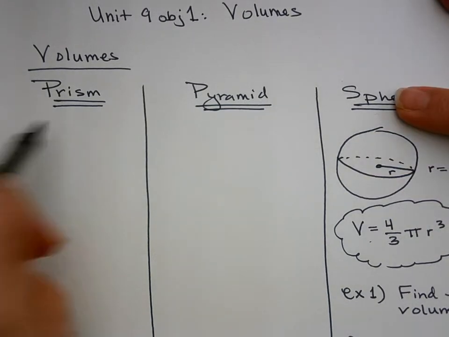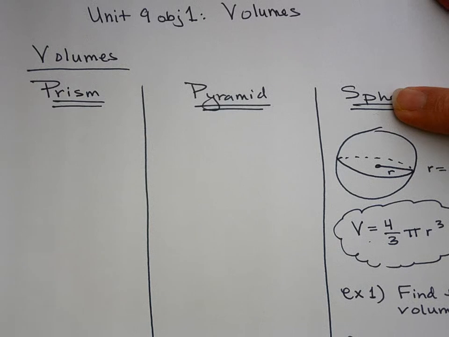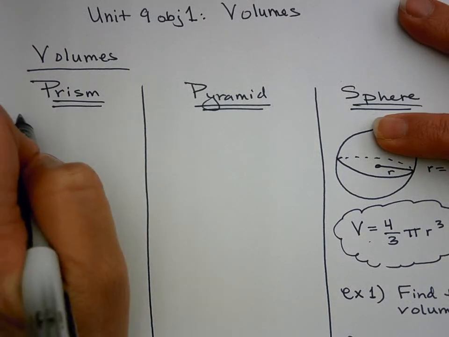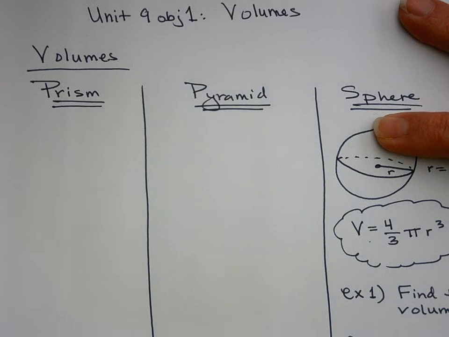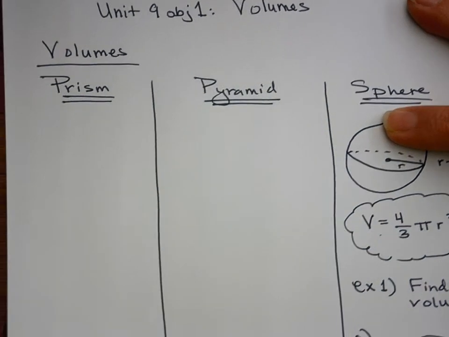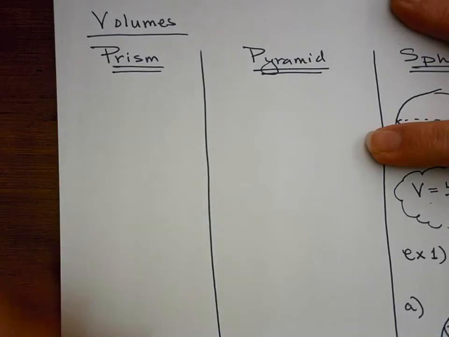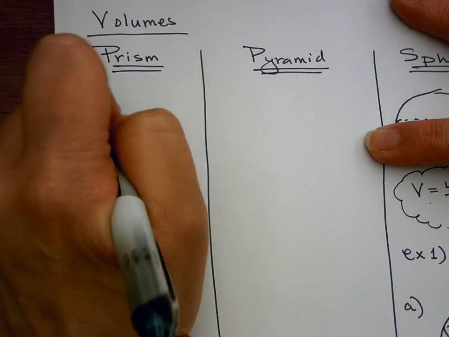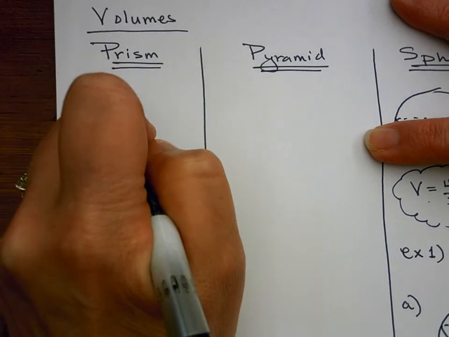So in general for a prism, I'm going to also put cylinder in the same category as a prism, but I'm going to split it up in just a second here. So for a prism, in general, our volume is the area of the base times the height.